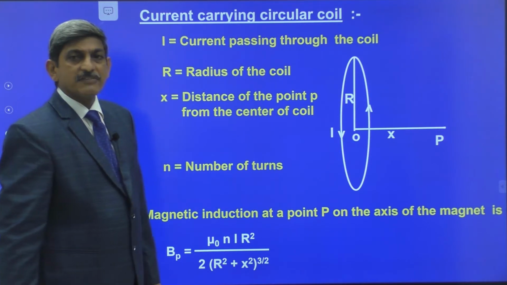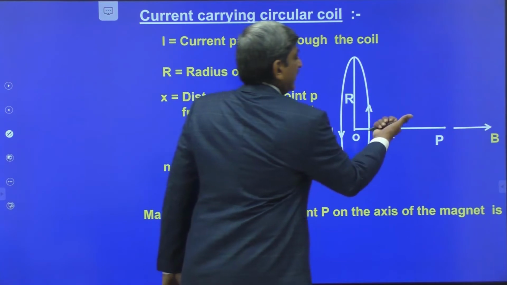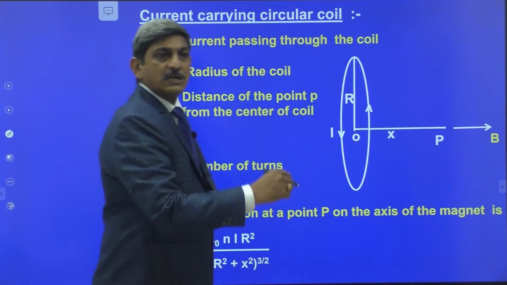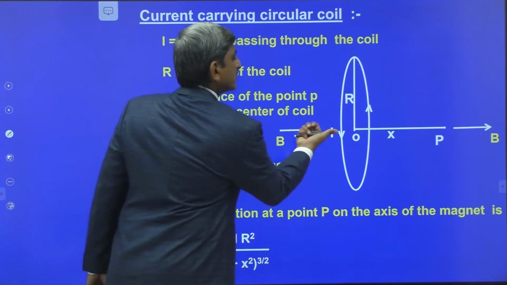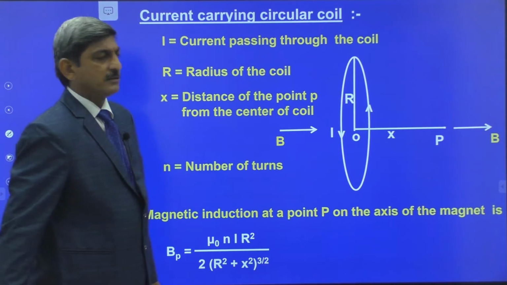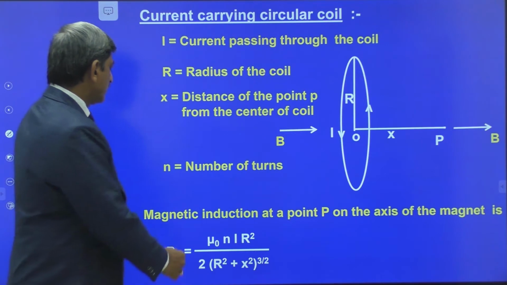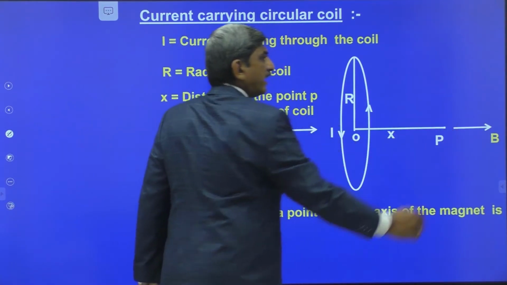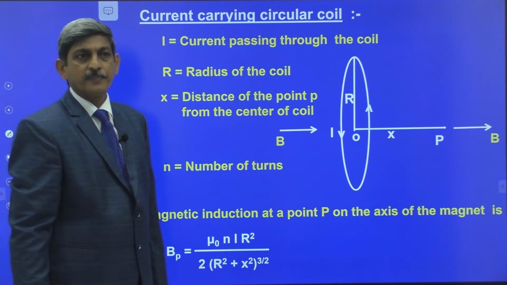And the direction of the magnetic field produced by the coil is directed away from the coil when we see on the right side of the coil, and it is directed towards the coil when we see the left side of the coil. That's why by using this equation we can determine the strength of the magnetic field, and by this we can observe the direction of the magnetic field produced by the coil.